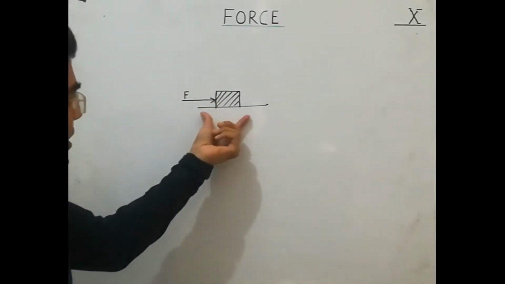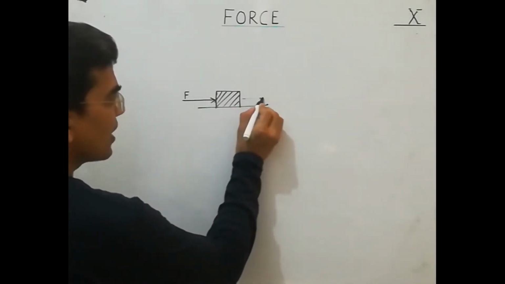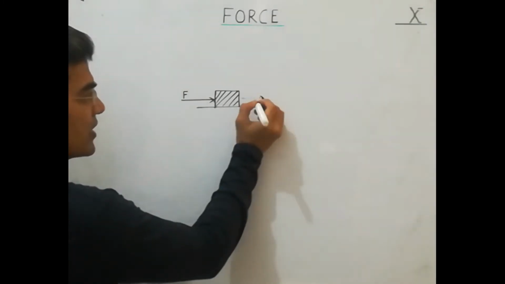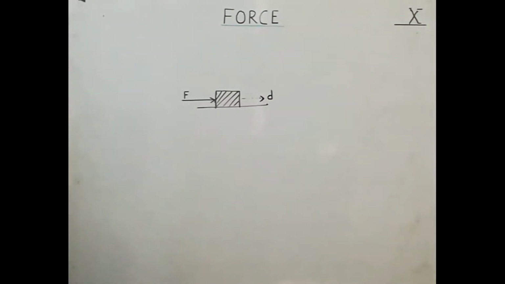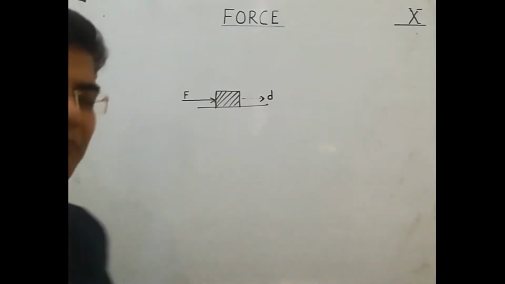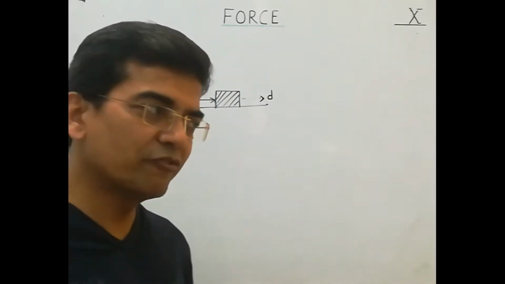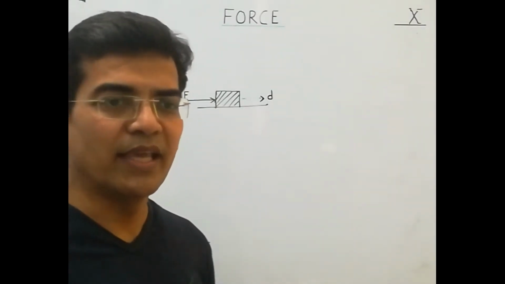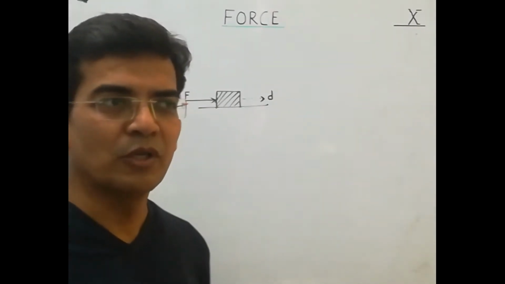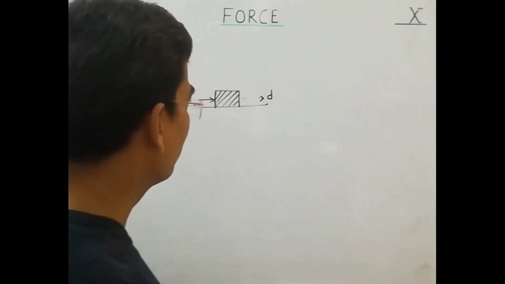Your observation will be that the body starts moving in the direction in which you have applied the force. Such motion, in which the body is free to move and starts moving in the direction of the force, we call translational motion.